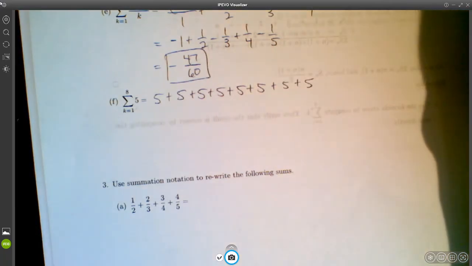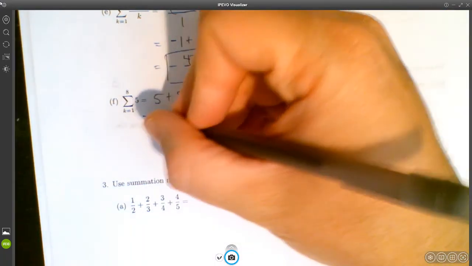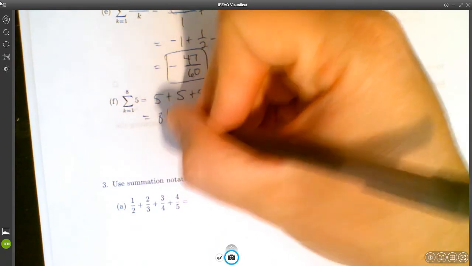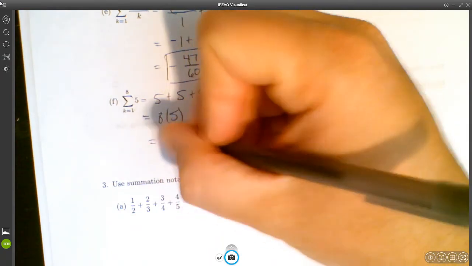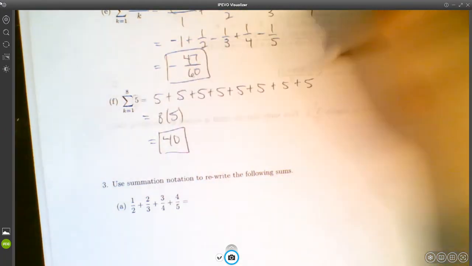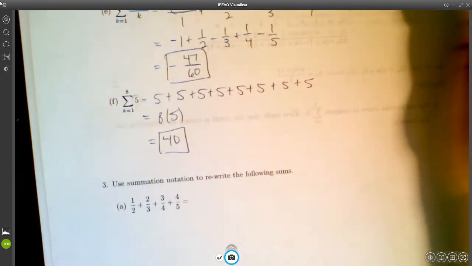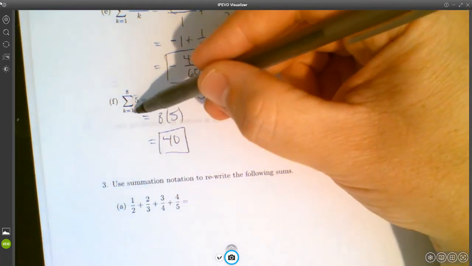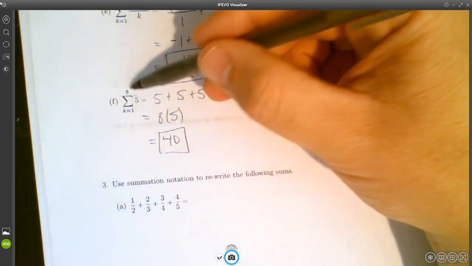So what you notice is that really this is just 8 times 5, which is 40. Okay, so when you have just a constant term here, it doesn't change as k changes, but you still have to add it up 1, 2, 3, 4, 5, 6, 7, 8 times.